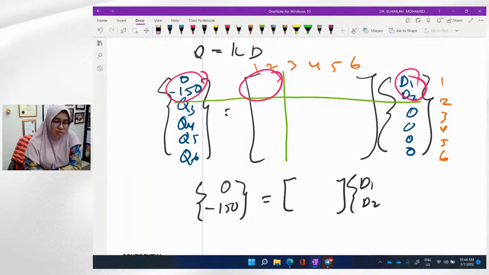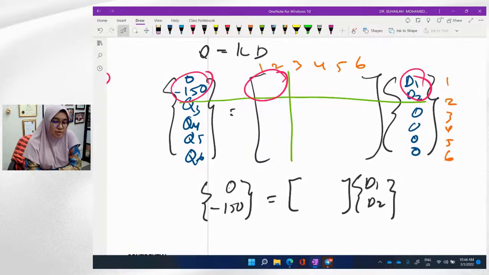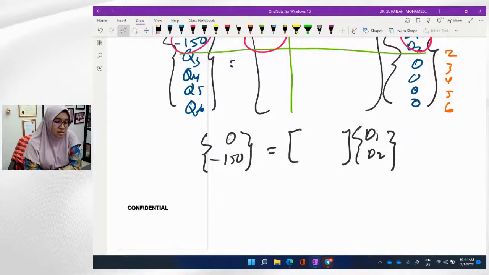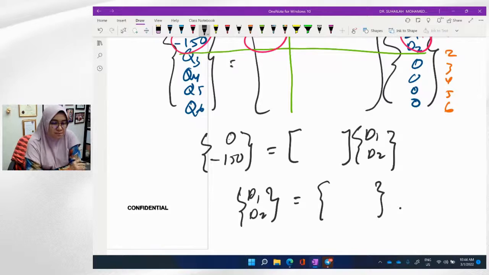So this is actually two simultaneous equations. Using your calculator, key in the values and just get the answer.